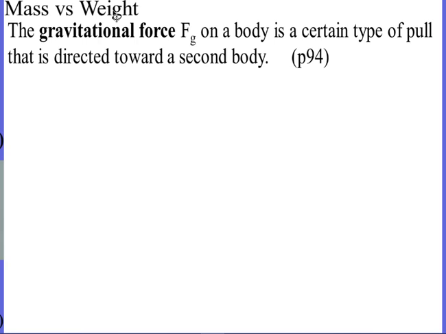You are going to hear me repeatedly make a free body, and I'll indicate the downward force on the body, the force from gravity acting on the body, and I will call it weight. But I shouldn't. I should call it F sub g. It is a force that results because the body you have identified has mass, and there is some second body that also has mass, and as a consequence of those two masses, there is a force between them.